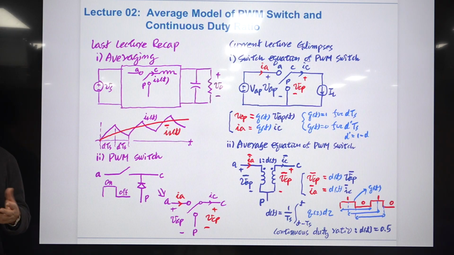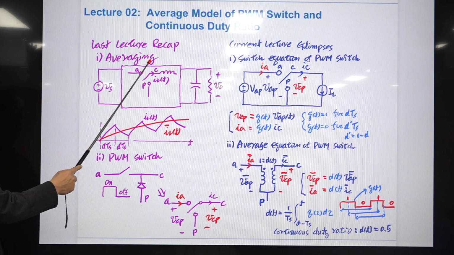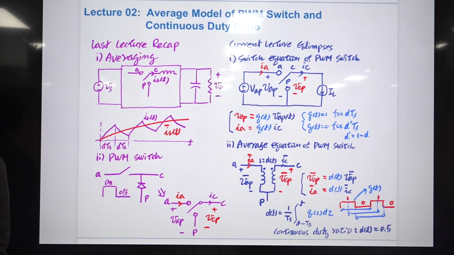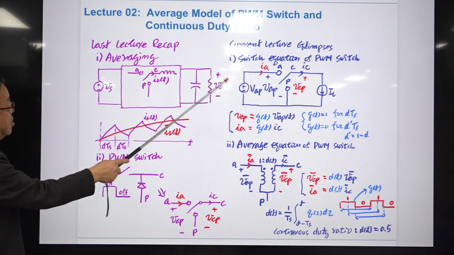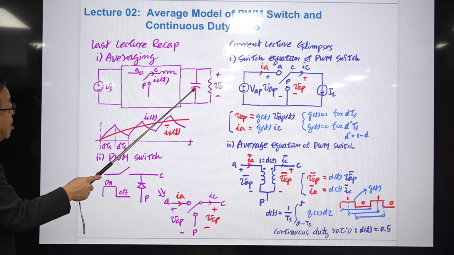So we discussed several things during the last lecture, and the two most important concepts I'd like to emphasize is this one. The first one is the concept of averaging adapted to 3 basic converters. So here we have input voltage, this is our voltage load resistor, filter capacitor.